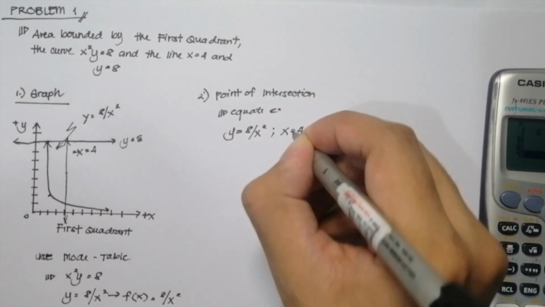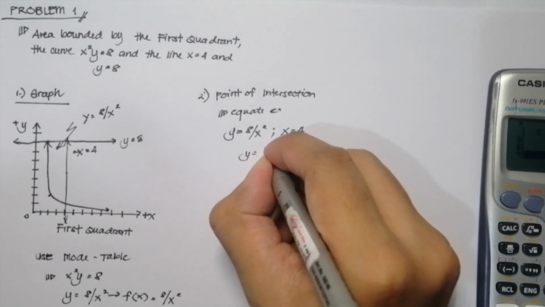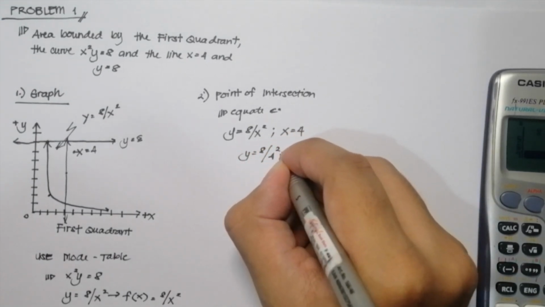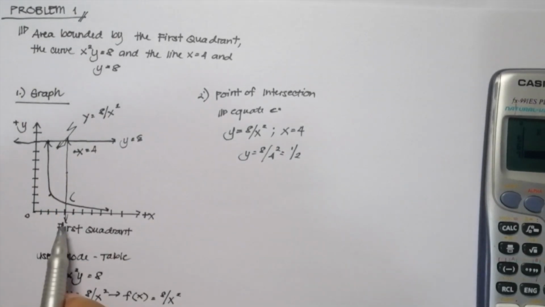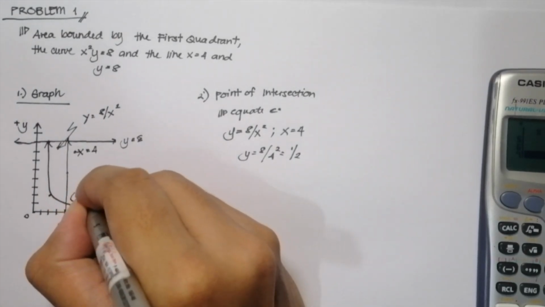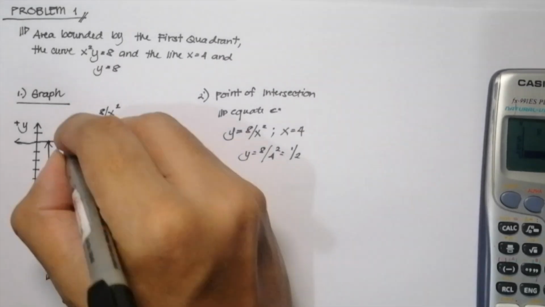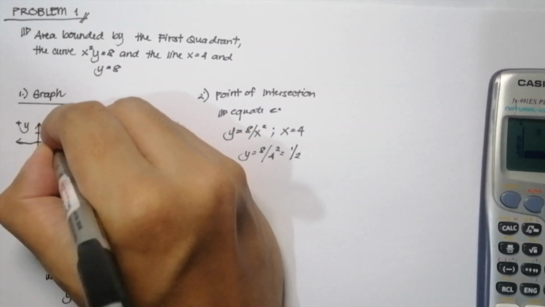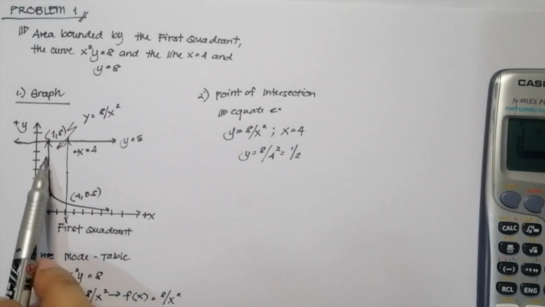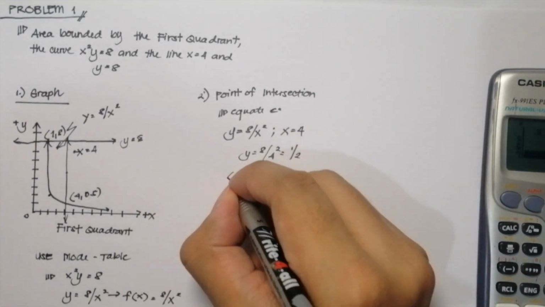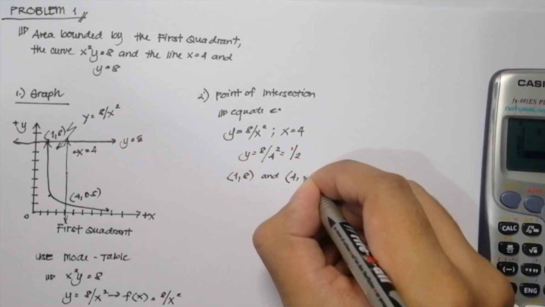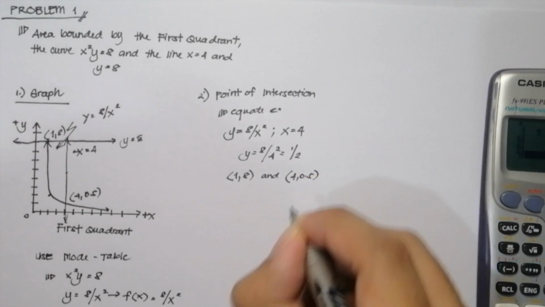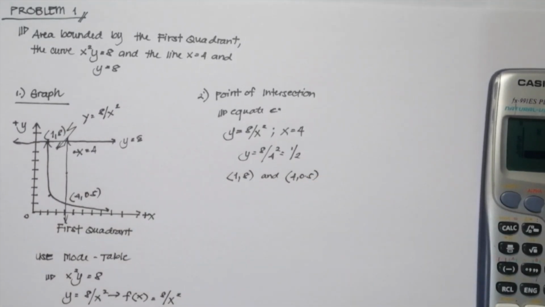Let's substitute our values. y is equal to 8 over 4 squared, or equal to 0.5. So we can say that this point of intersection is (4, 0.5), and this is obviously (1, 8). So we have (1, 8) and (4, 0.5) as our points of intersection, and we will use this as our boundaries, or our upper and lower limit.